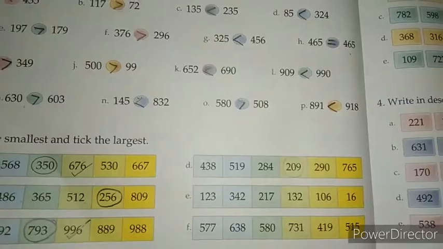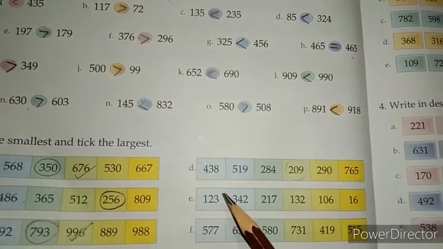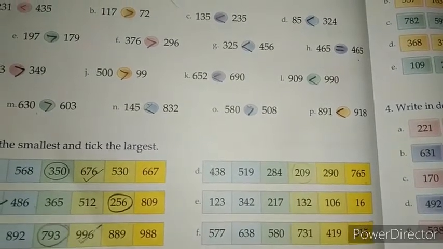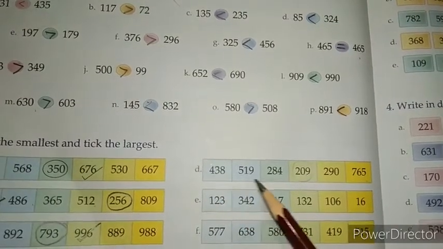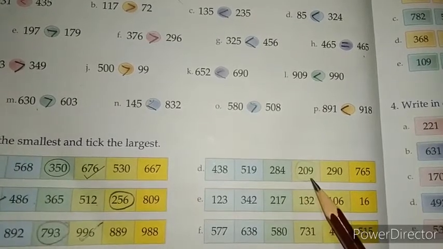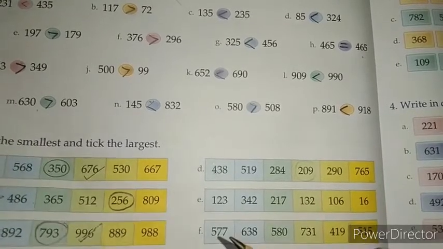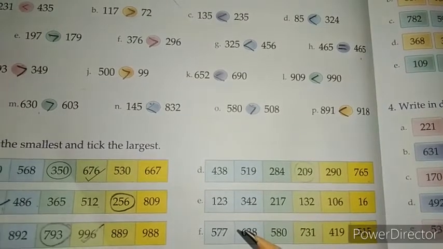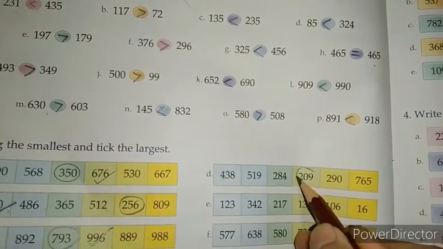Okay, students, next one, question D. Tell me which is the smallest number in this pattern: 438, 519, 284, 209, 290 and 765. Which is the smallest number? Yes, 209. So circle this.